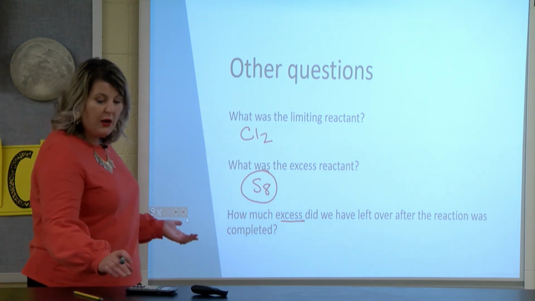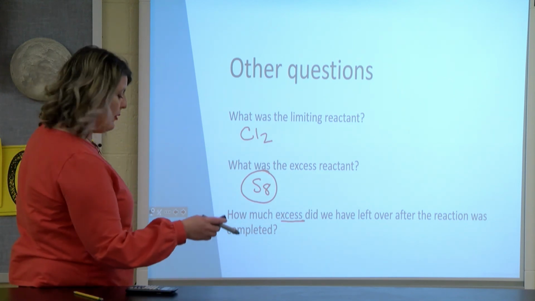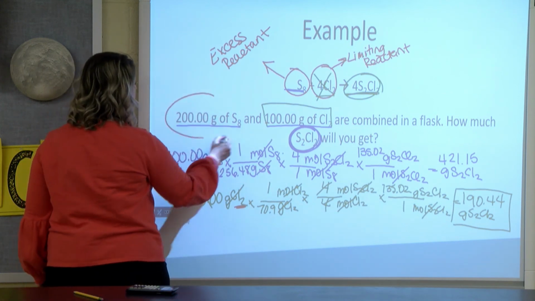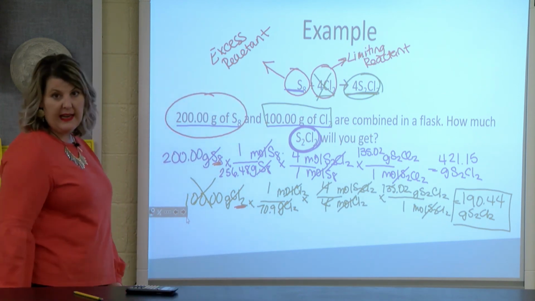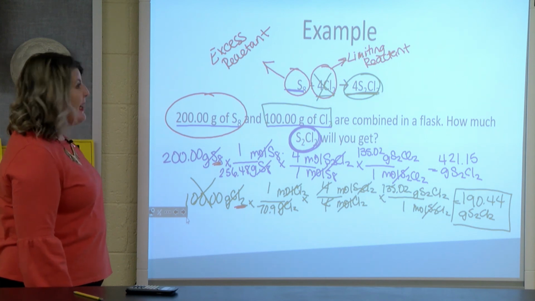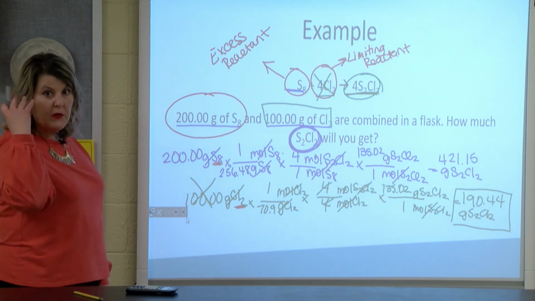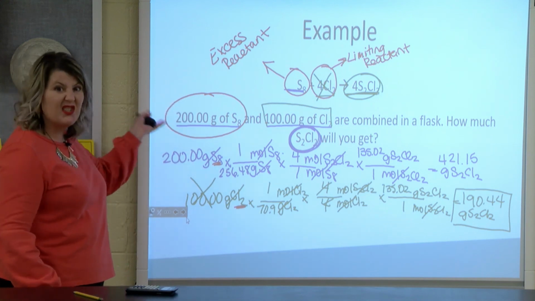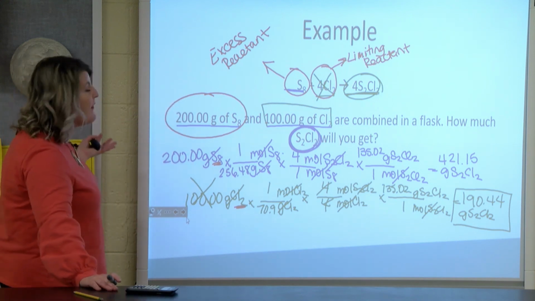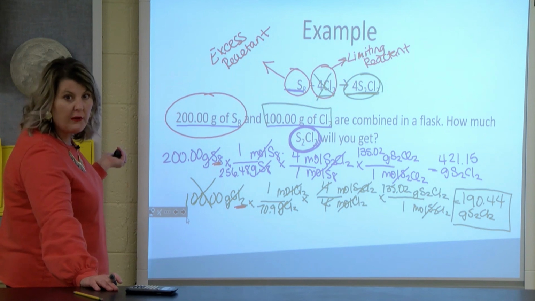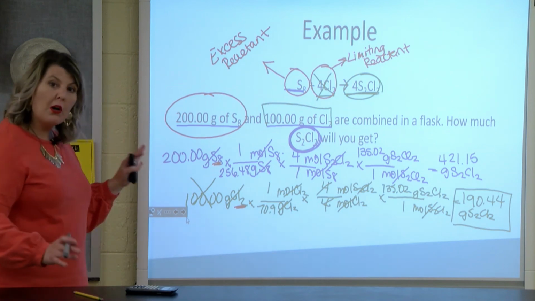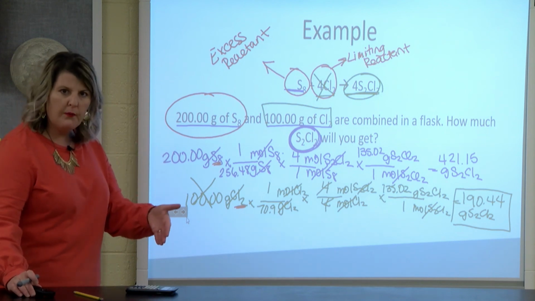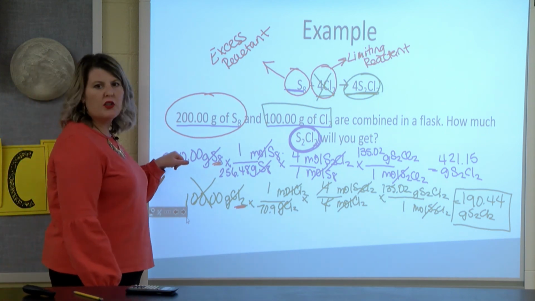Well, I know, if I go back to the previous problem, that I started with 200 grams of S8. Okay? So I know I didn't use 200, so if you're thinking logically, my answer has to be some number that's less than 200. It's asking you, of that 200, how much was left over? Okay? In order to work that problem, you have to start with some number that you know. We did not use all 200 grams of this.